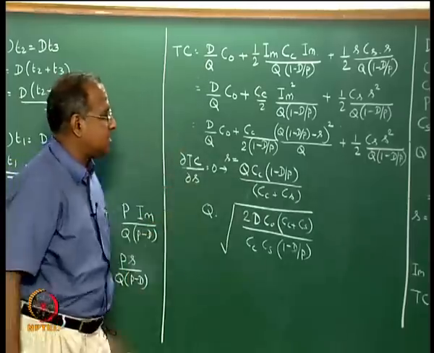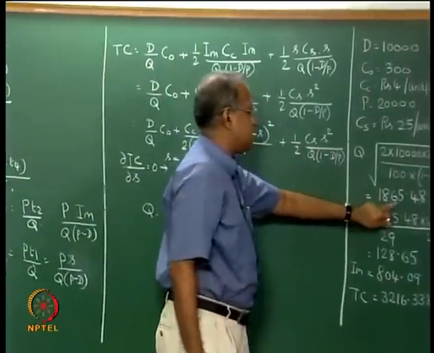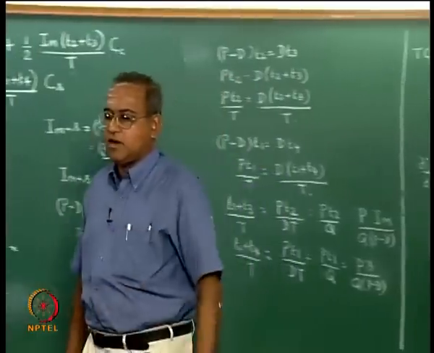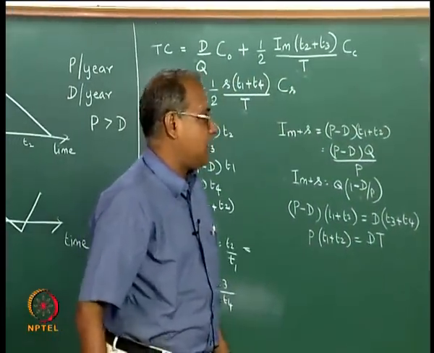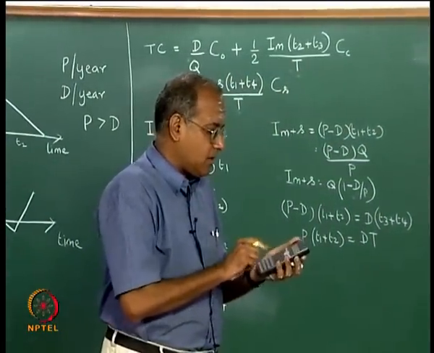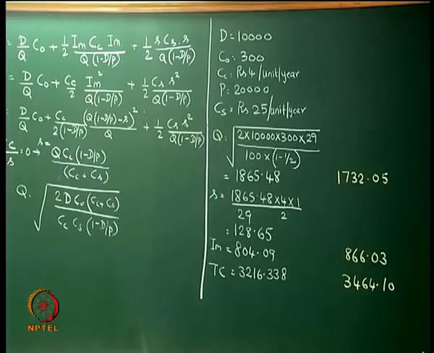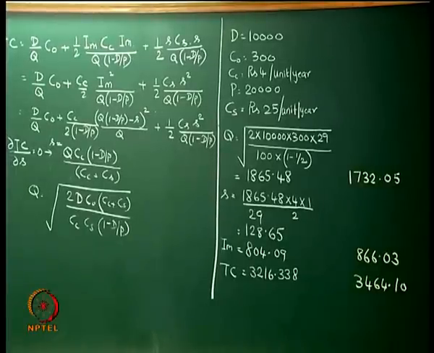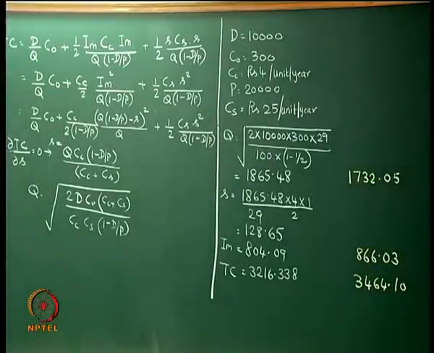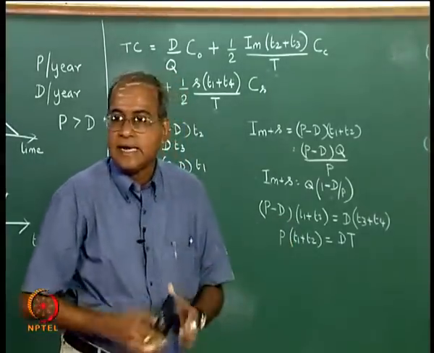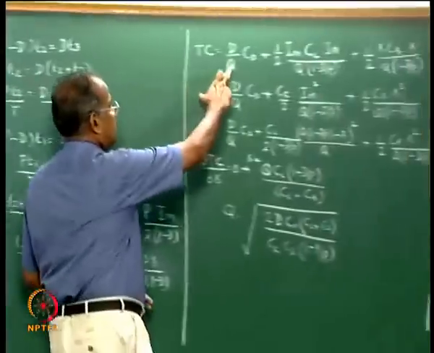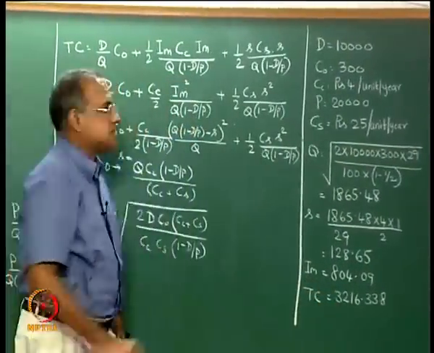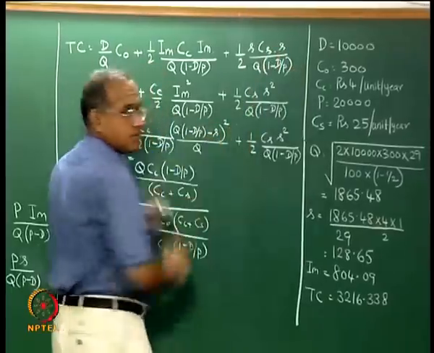For example, when Q is equal to 1865.48, the number of times we order or produce in a year is D by Q, which is 10,000 divided by 1865.48, which is 5.36, into 300 is 1608. So, this component is 1608, the total is 3216. So, obviously this is equal to this.